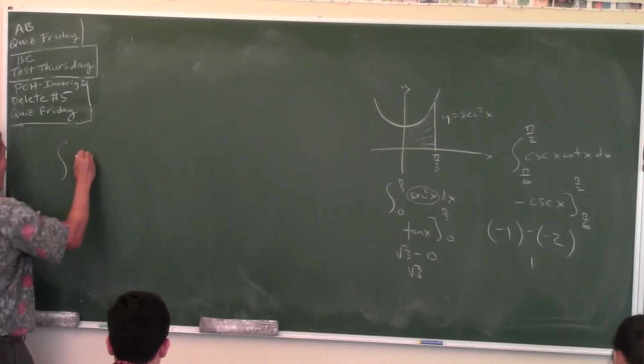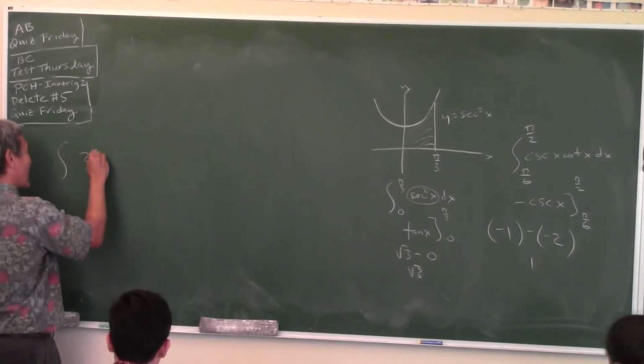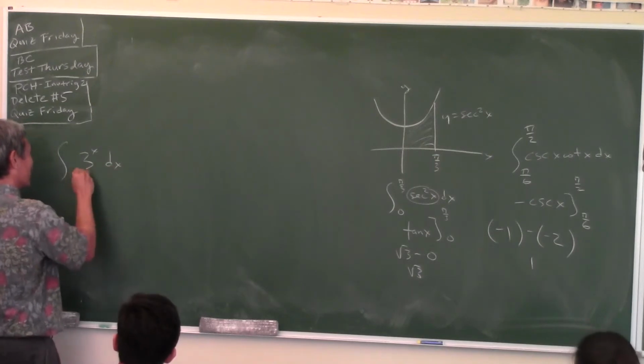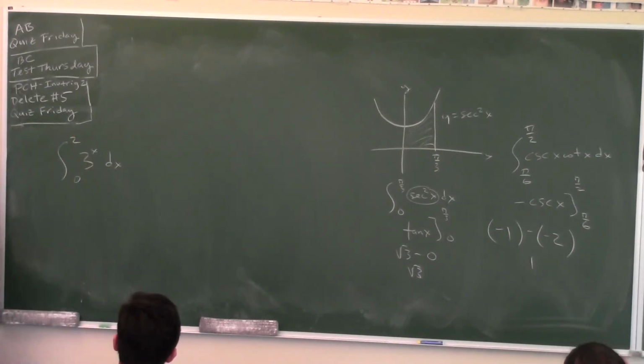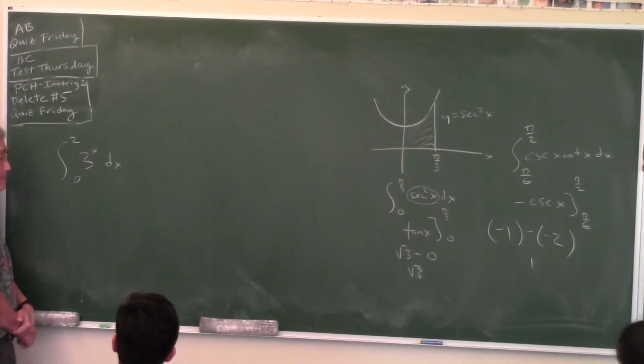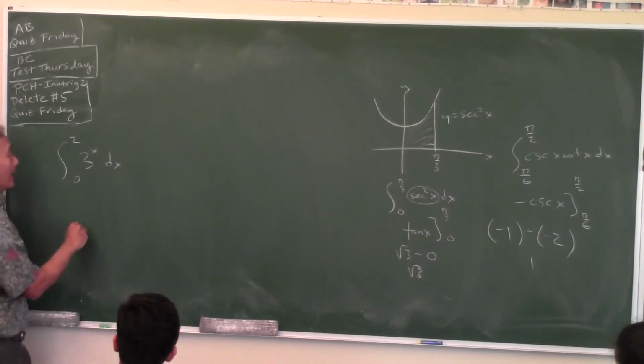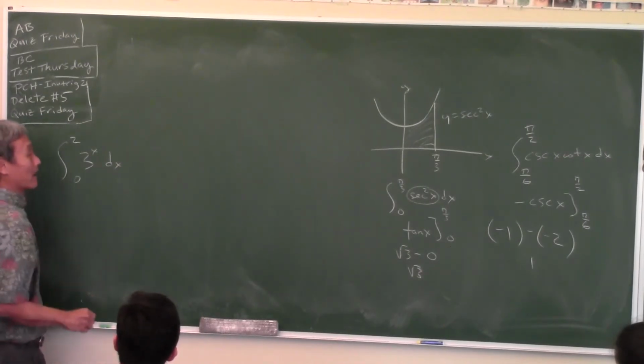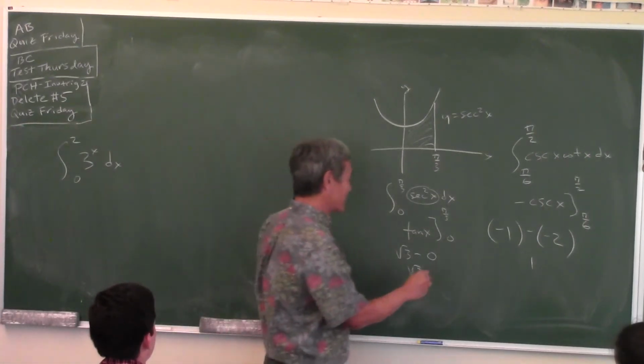No? Too bad. The integral of 3 to the x dx from 0 to 2. Okay, I'll give you a hint. This is the a to the u one, remember? A to the u, so natural log a. Let's review the derivative.